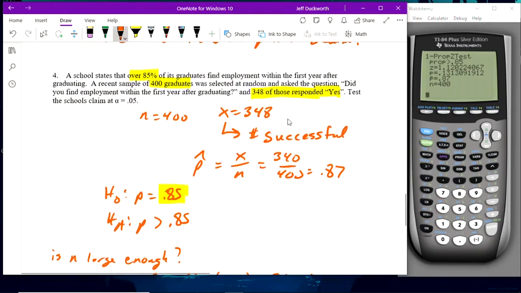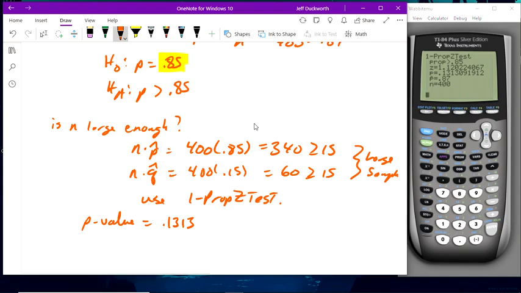I didn't write it down. Alpha is 0.05. Okay, so we're going to compare that to alpha. It is not less than, it is greater than. And that means we fail to reject H0.